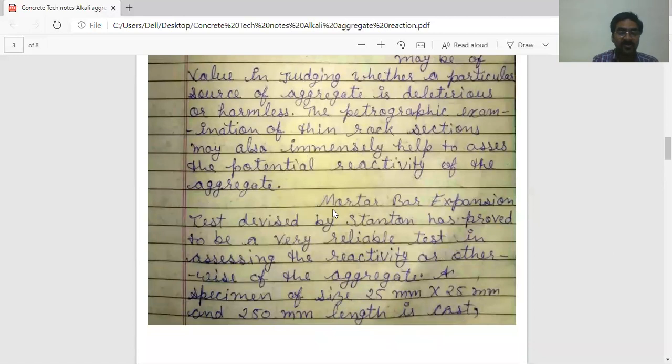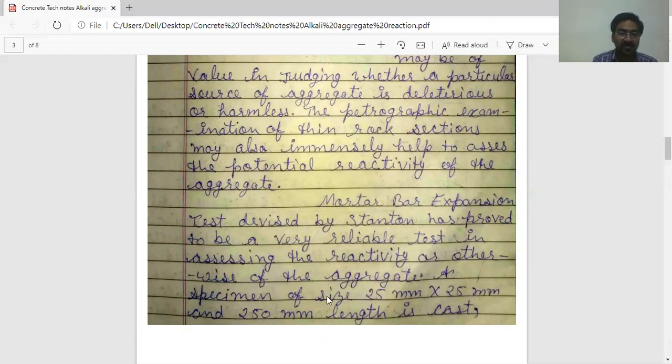The mortar bar expansion test devised by Stanton has proved to be a very reliable test in assessing the reactivity of the aggregate.